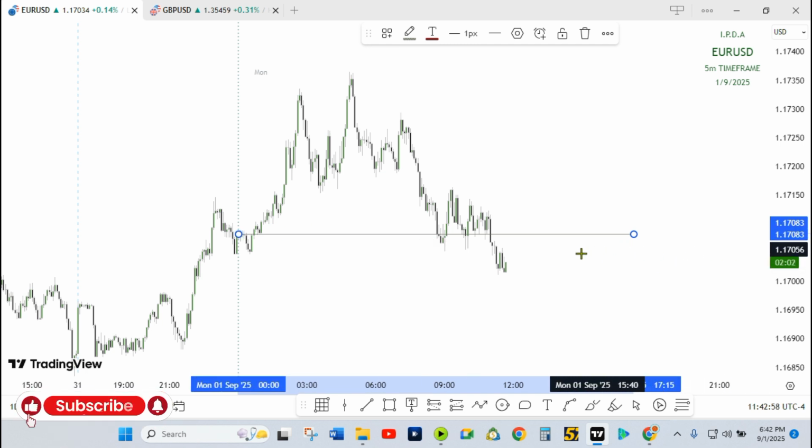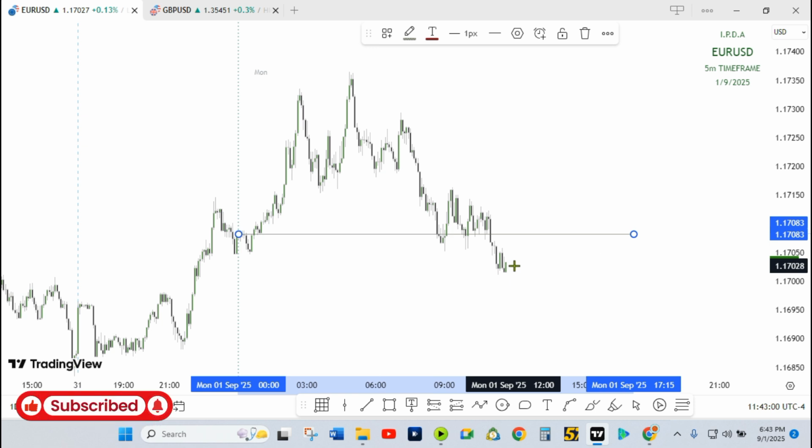The opening price at New York midnight is referred to as the equilibrium level. Then price starts to trade. It will either go up or down, depending on the delivery of that day.